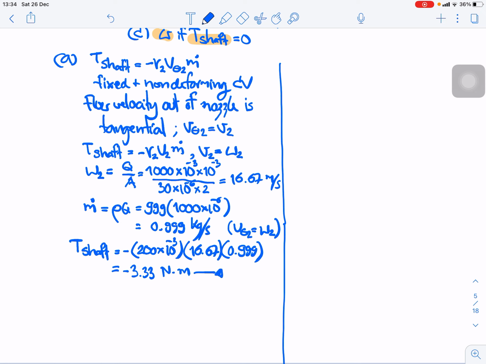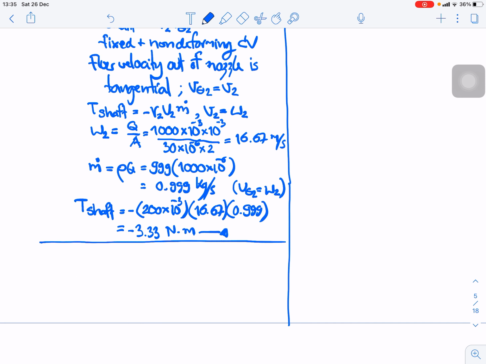So the first answer: we find T shaft is equal to negative 3.33 Newton meters.